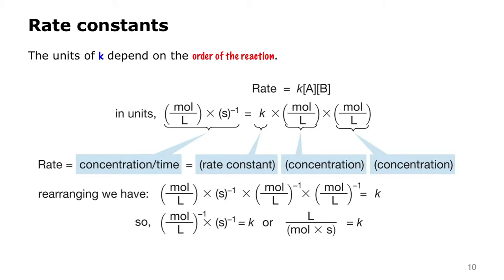Other reactions depend on the concentrations of two components of the reaction, so-called second-order reactions. And they have rate equations that look like this, where the rate is dependent on the concentrations of two components of the reaction. Correspondingly, the rate constant has different units to derive the rate as molarity per second.